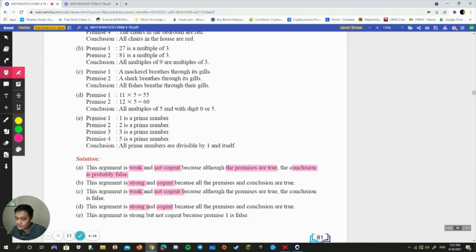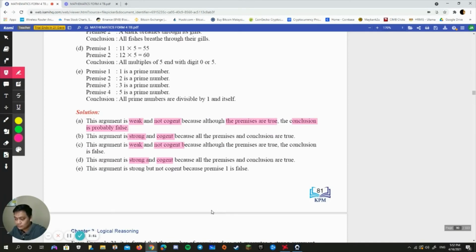And then E. Premise 1, 1 is a prime number. Premise 2, 2 is a prime number. Premise 3, 3 is a prime number. Premise 4, 5 is a prime number. And the conclusion, all prime numbers are divisible by 1 and itself. This argument is strong but not cogent because premise 1 is false.